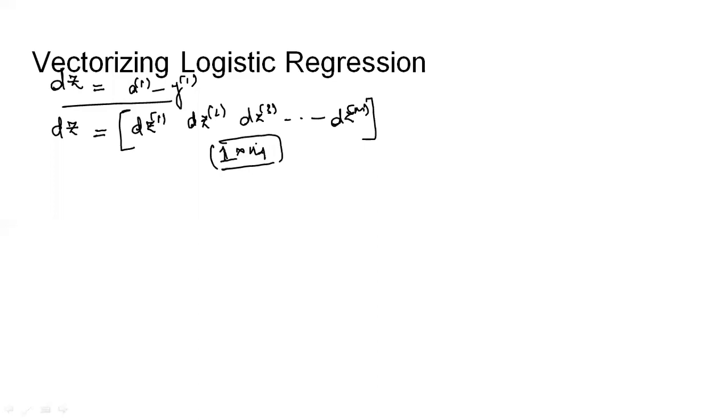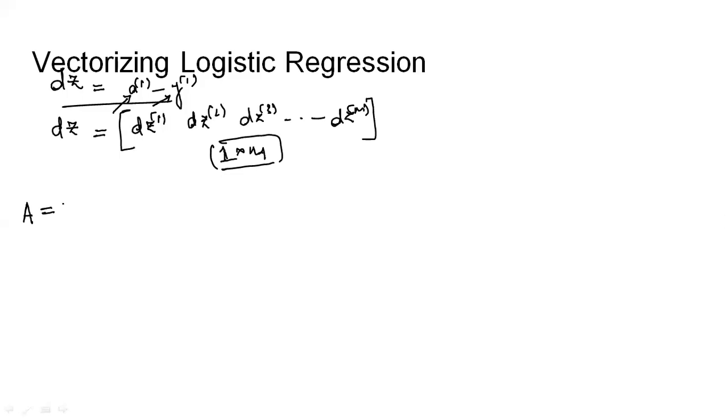Further, we need some way in vectorized form in which we can represent this a and y. Suppose I take a capital A. What is the significance of this capital A? This has been clearly explained in the previous video lecture, so if you are newly watching this video lecture, firstly consider watching the previous video lecture also.